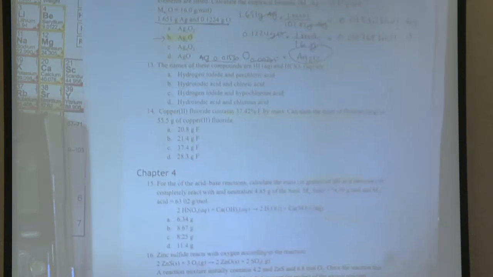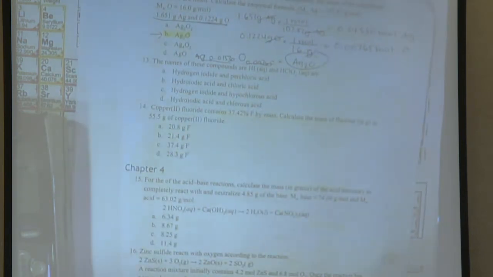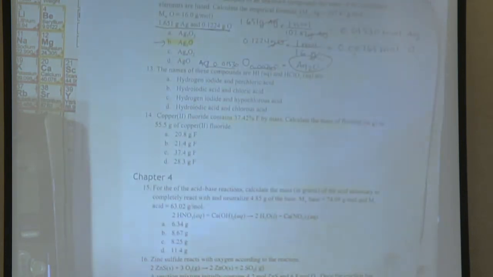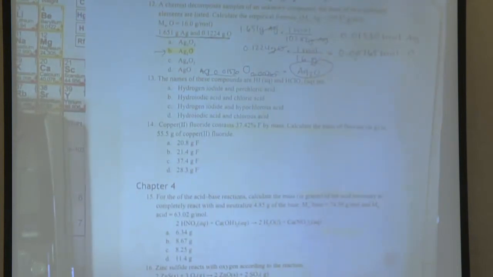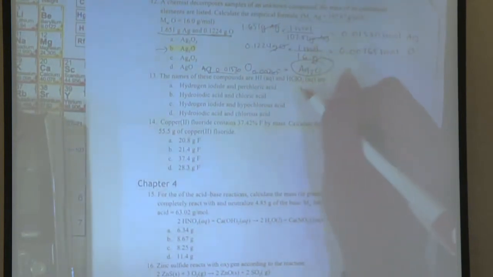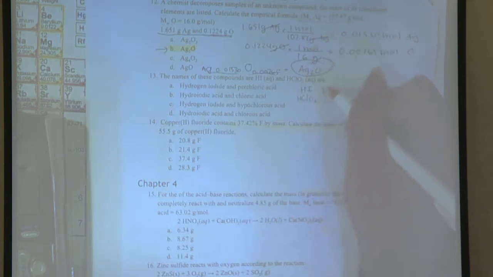The names of these compounds are, so they give you HI and HClO2. HI is a binary acid, and HClO2 is an oxyacid.